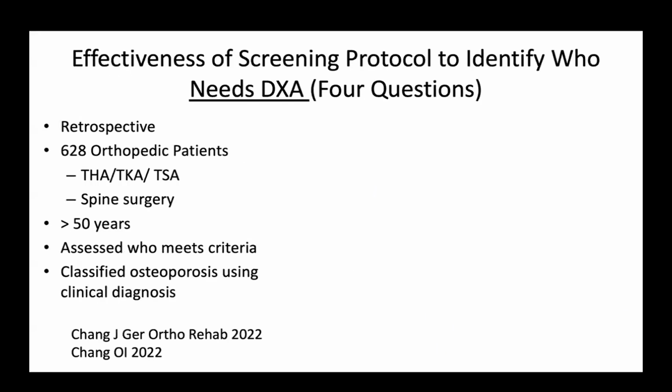Well, we've done a couple studies looking at the effectiveness of this screening protocol using the ISCD 4 questions, both retrospectively and prospectively. The results were very similar, but in this one we looked at a broad-based group of orthopedic patients undergoing surgery, applied the clinical diagnosis of osteoporosis, and asked the question, did those screening questions identify patients who ultimately had osteoporosis?